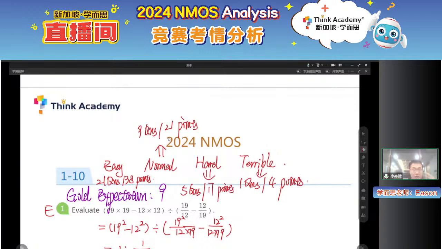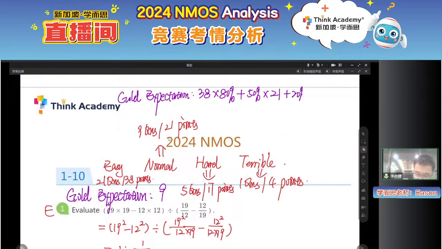Okay, so now I will give you my expectation goal. You score 80% of the questions in the easy ones, 50% in the normal ones, 20% in the hard ones, and no questions for the terrible one.